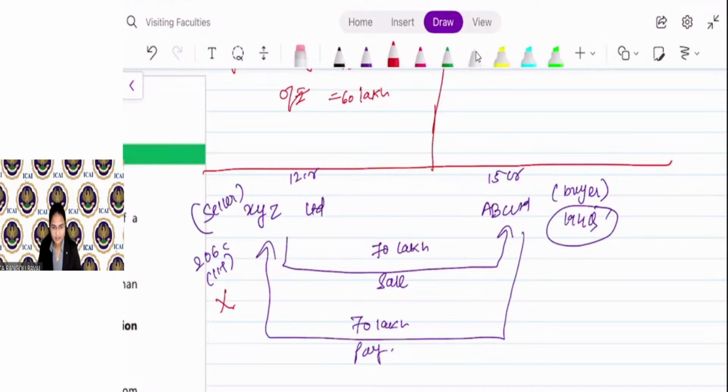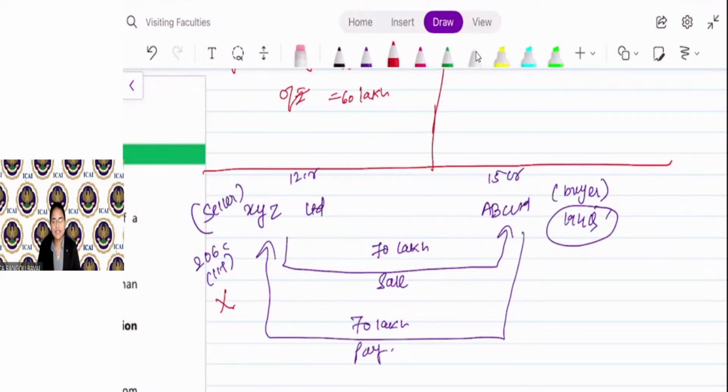So here, only and only ABC Limited will deduct TDS on 70 lakh and XYZ Limited will not collect the TCS. But XYZ Limited has to take a declaration from ABC Limited that the TDS is deducted by ABC Limited. That's it. Everyone clear with this, yes or no?